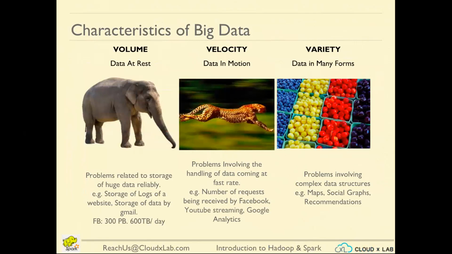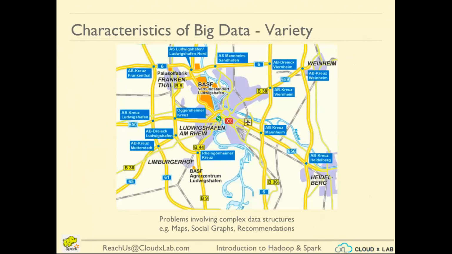Now, the basic characteristics of big data are volume, velocity, and variety. We all know that data has volume, so we need to store it and have good machines which can process it, and it is coming fast from the users. Then there is variety, as in a variety of problems and a variety of data, for example in the form of maps.